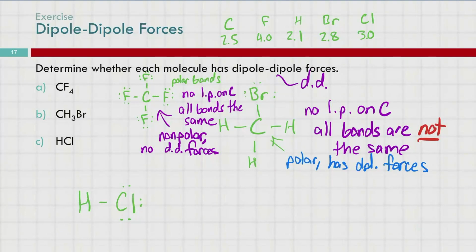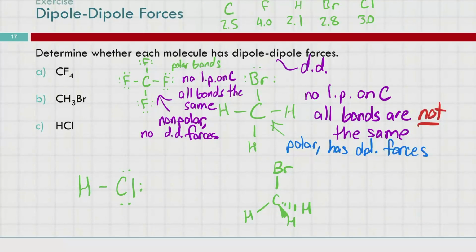And because of the way that this is going to be arranged, we wanted to draw out all of our arrows. Do a wedge since this hydrogen's coming out, and dashed because that hydrogen is going away. On the bromine bond, we're going to have a slight favor, more electronegative towards the bromine.